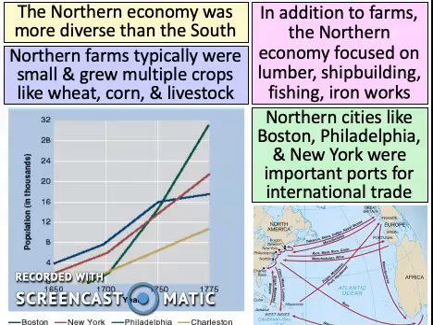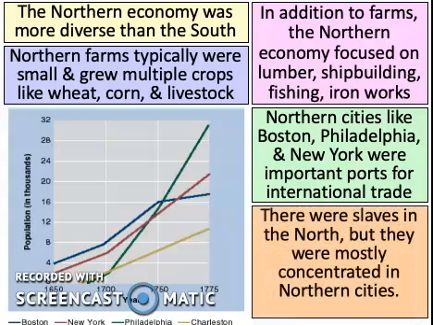Now, you do have big cities, and we do see slaves in some of these big international port cities. Many of them are working in basically two trades. Either A, they're working in houses as personal servants, or what might be called footmen.